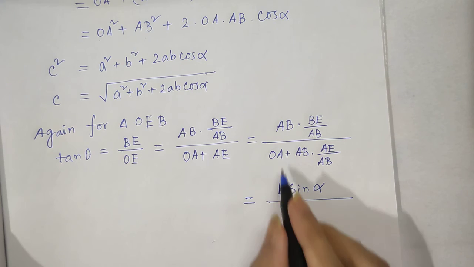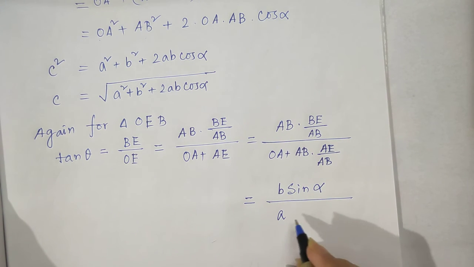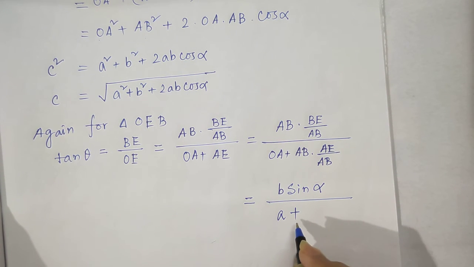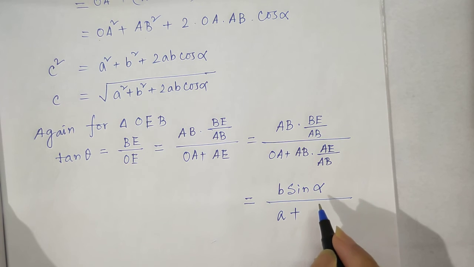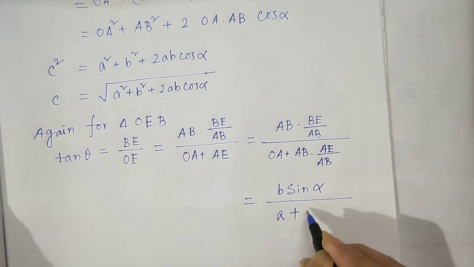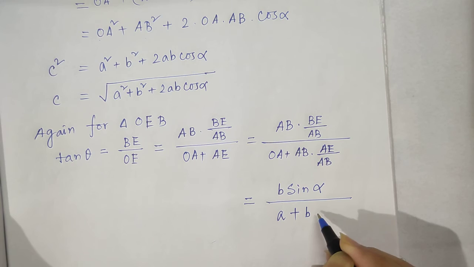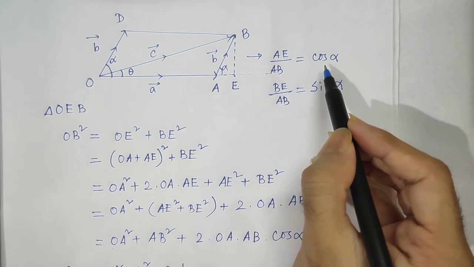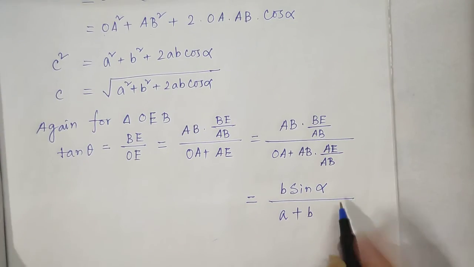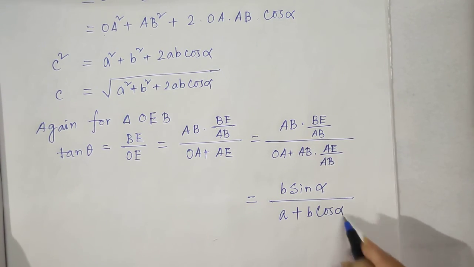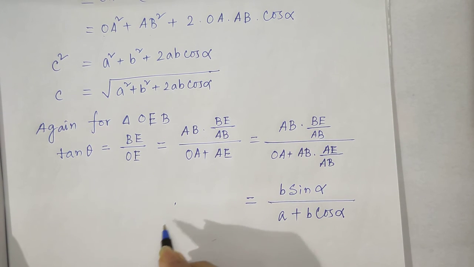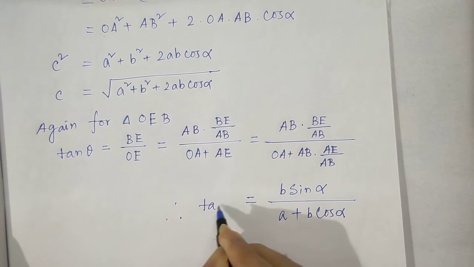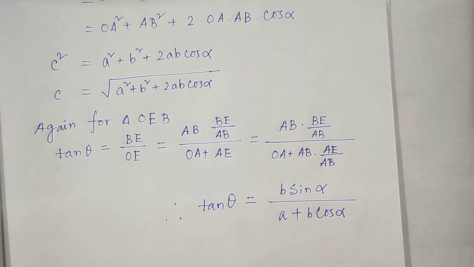then divided by OA, this is the a vector, plus, not the a vector, the magnitude of the a vector, plus AB, this means the magnitude of the b vector, into AE divided by AB. What is AE divided by AB? It is cos alpha. So the tan theta equals this.